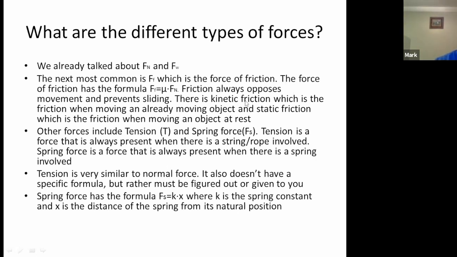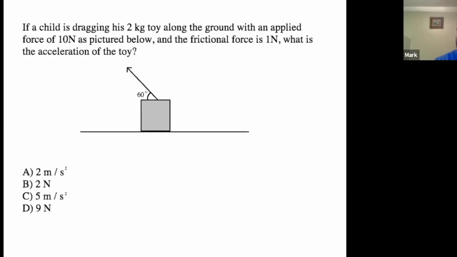And they may ask you to find what the spring constant is for a spring if they give you the force of the spring and the distance, the x. So it's very simple. It's essentially the stiffness or elasticity.